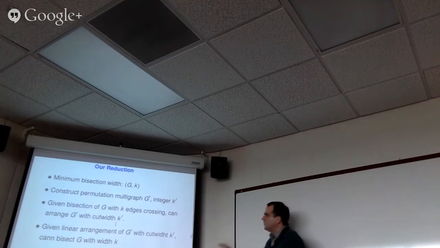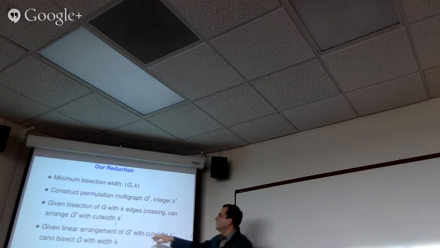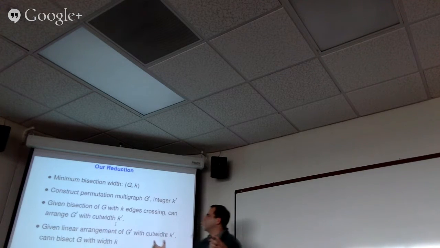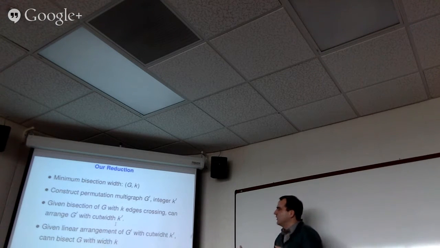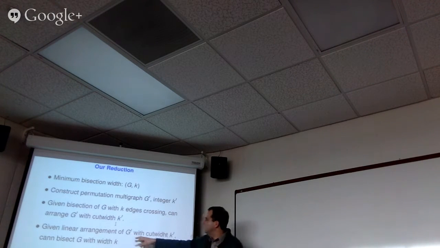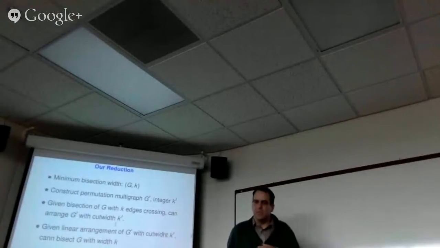We want to make these two problems equivalent. That means that if you can cut G in half with no more than k edges crossing, then there must be some way of arranging the vertices in G prime with cutwidth k prime. And vice versa, if there exists some way of arranging the vertices of G prime with low cutwidth, that gives you a way of cutting the graph into two pieces.